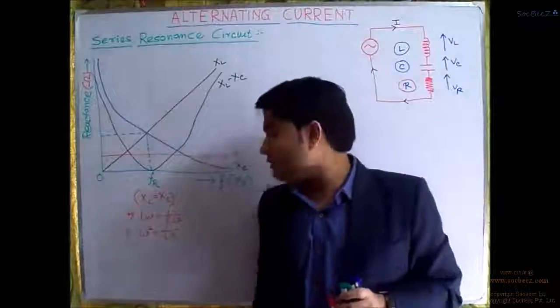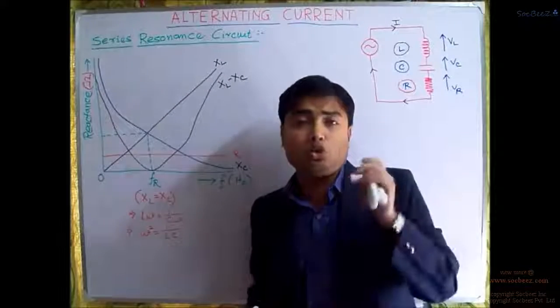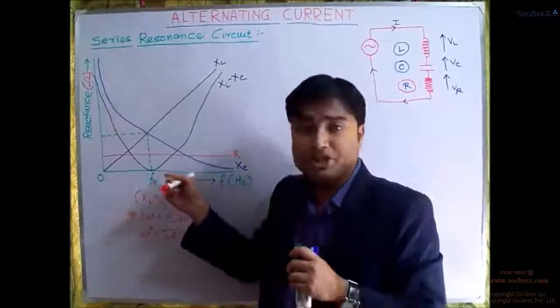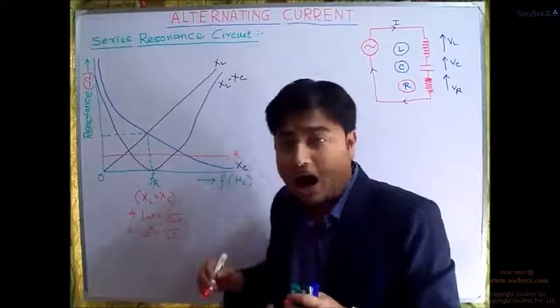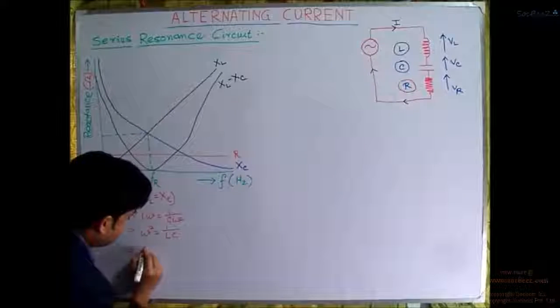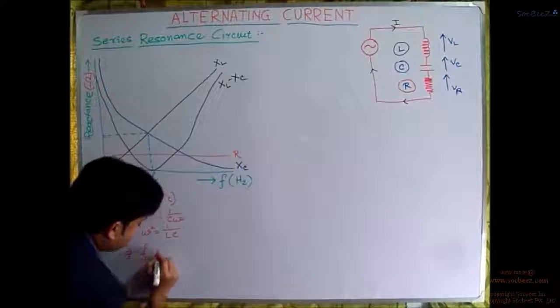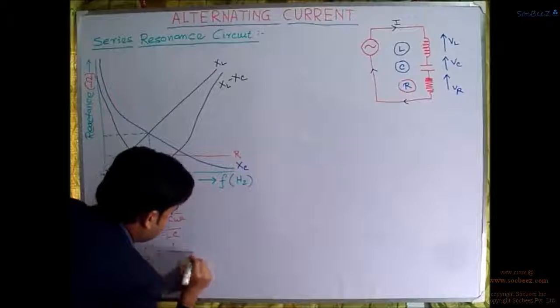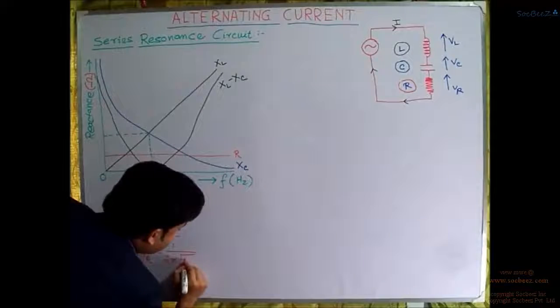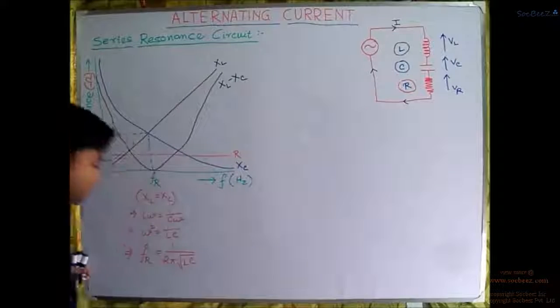As we know, the value of omega is equal to 2 pi f. So at this particular frequency f, or what is known as Fr, we shall find that this Fr is equal to 1 divided by 2 pi under root of LC.